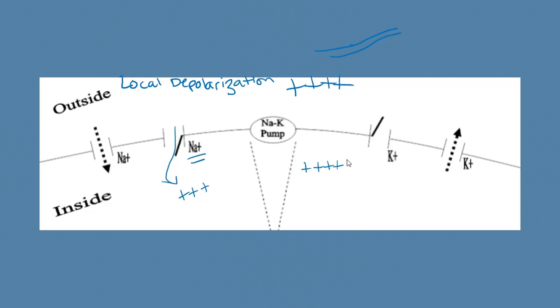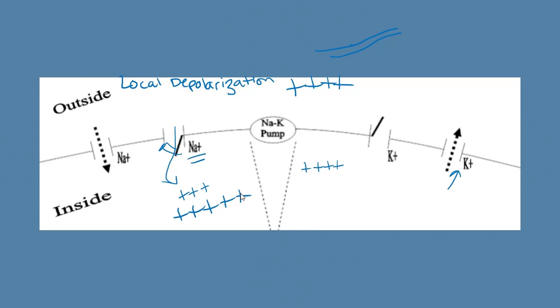Now, if nothing else happens, these gated channels close and the cell will just kick out some more potassium to repolarize everything back to that resting potential. However, if we have more stimuli or a stronger stimulus, these gated channels stay open and that sodium just starts to flood into our neuron.